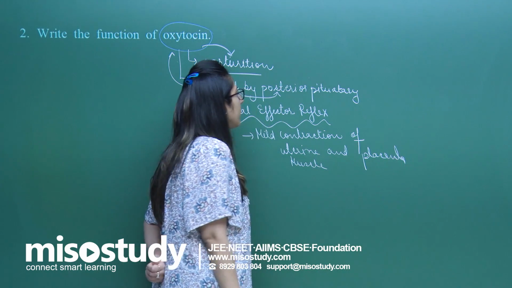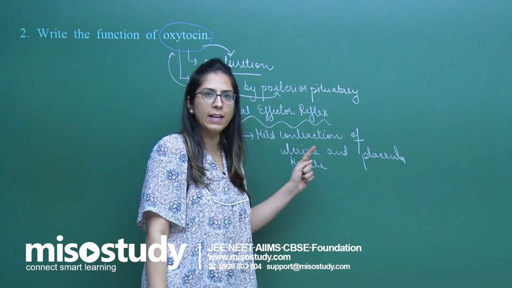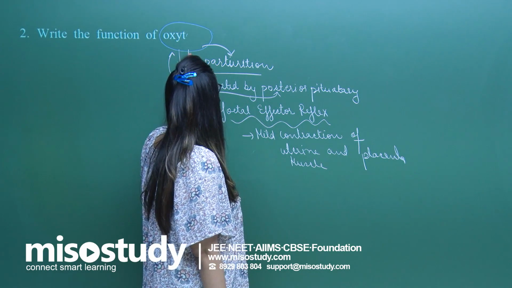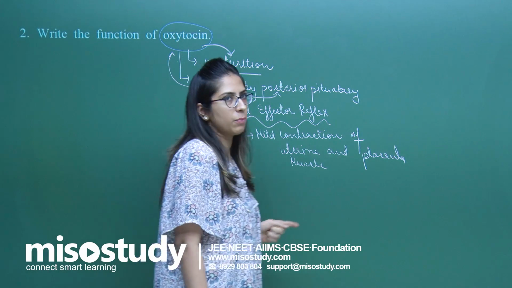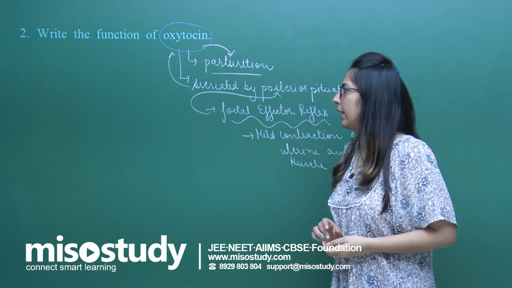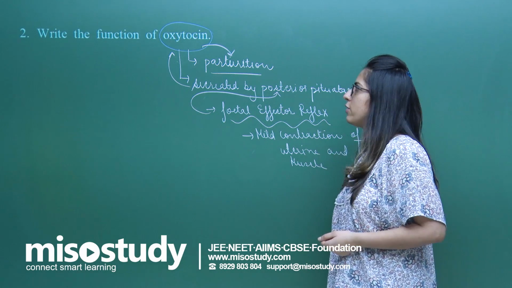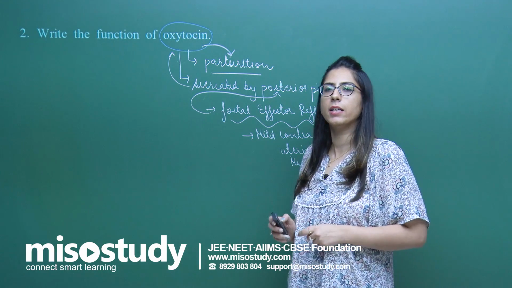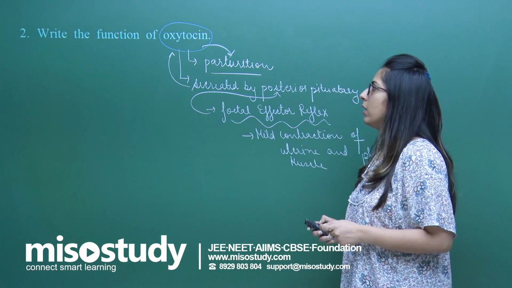Due to the mild contraction, the fetal effector reflex is created. This causes the posterior pituitary to release oxytocin, and oxytocin causes the process of parturition. So, hope the process is clear to you. Now, this was also a 1 mark question. I have given you every possible answer that you can give, right?